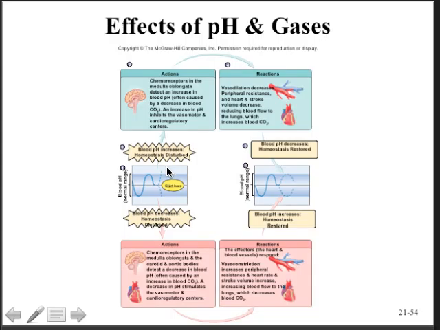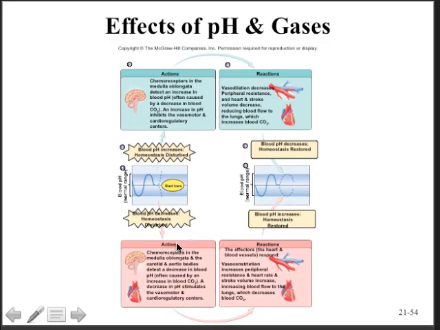Chemoreceptors in the medulla are going to detect an increase in the blood pH. This is caused by a decrease in blood CO2. An increase in pH is going to inhibit the vasomotor and the cardioregulatory centers. Vasodilation is going to decrease peripheral resistance, and heart rate and stroke volume are going to drop. And the result is going to be decreased flow to the lungs, and this will increase your blood CO2 content, causing your pH to drop.